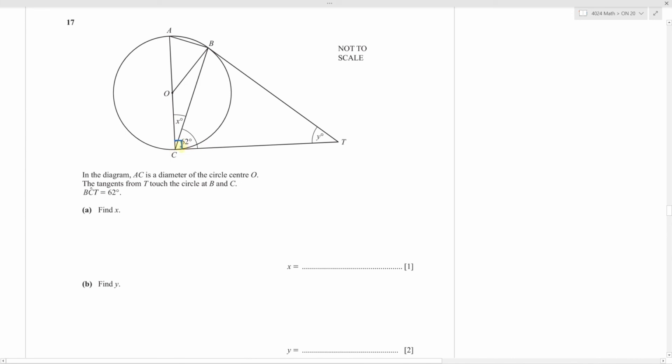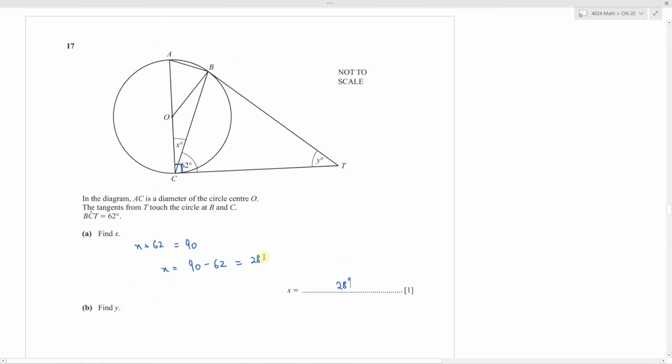So x plus 62 will equal 90. So x will be 90 minus 62, which is 28 degrees. So your value of x is 28.